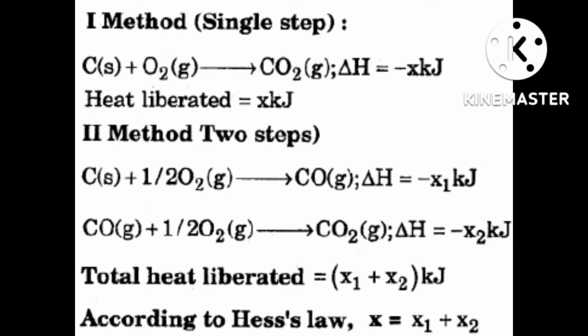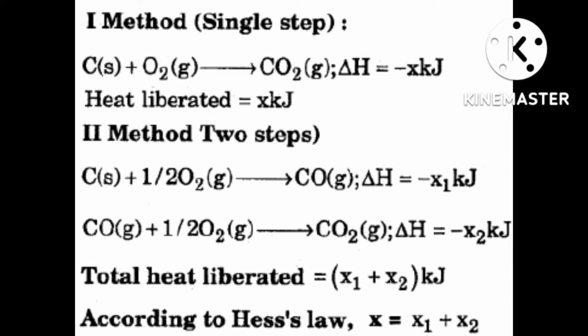Okay, then cooking gas in a cylinder contains mostly butane. During complete combustion of 1 mole of butane, it will give you 2658 kilojoule of heat.